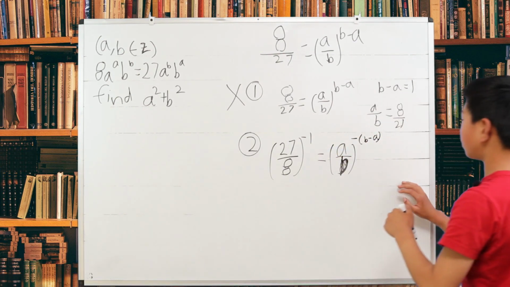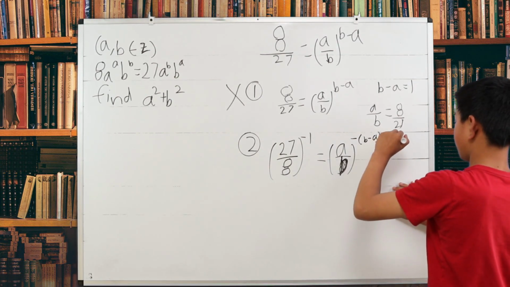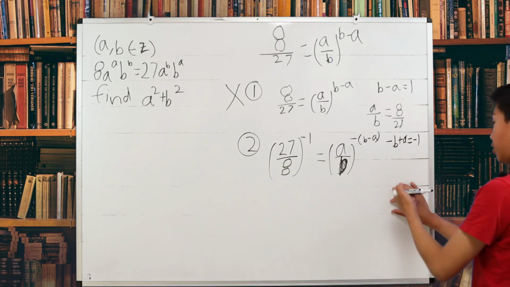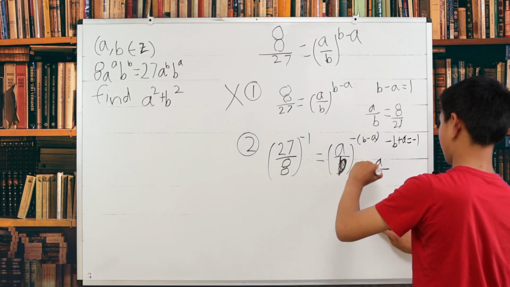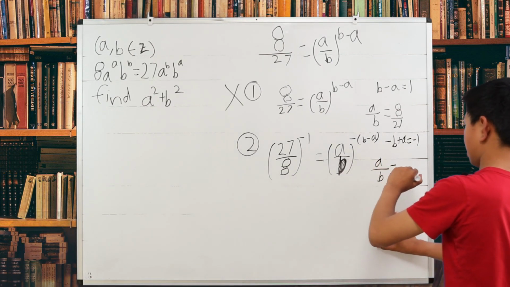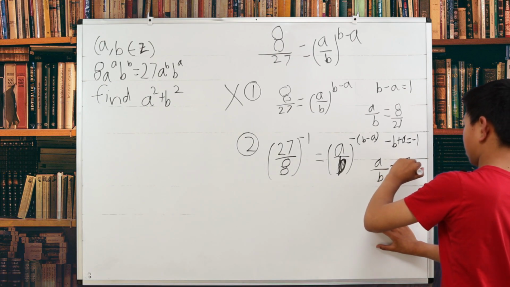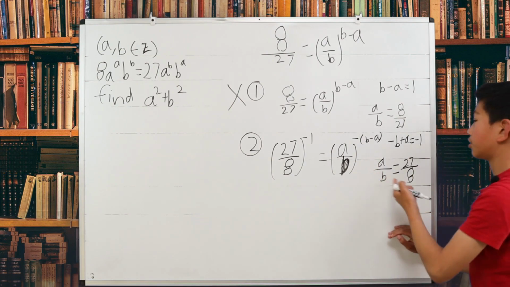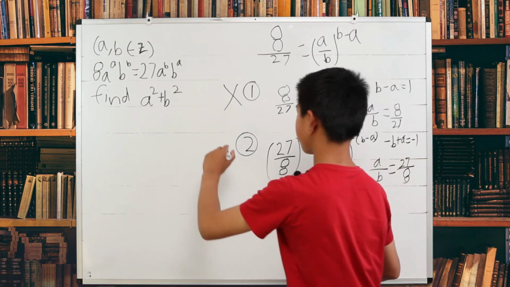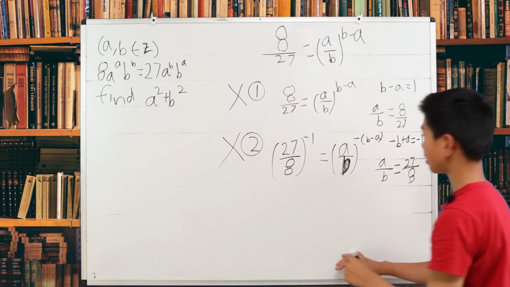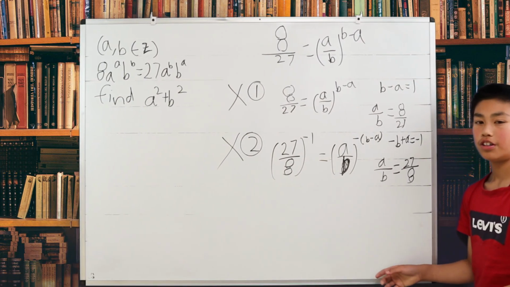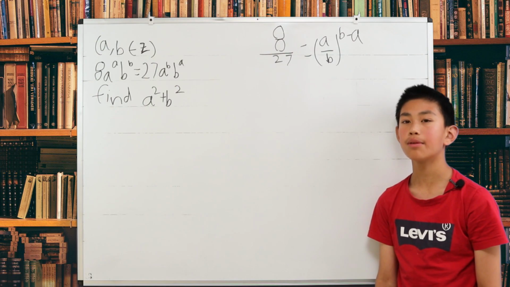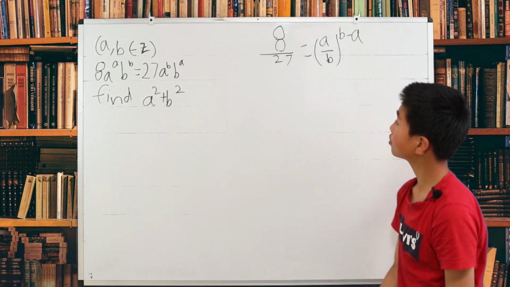So therefore, negative b plus a is negative 1. That doesn't work either. A divided by b is 27 over 8. So this value doesn't work either. Now we can move on to the correct values.